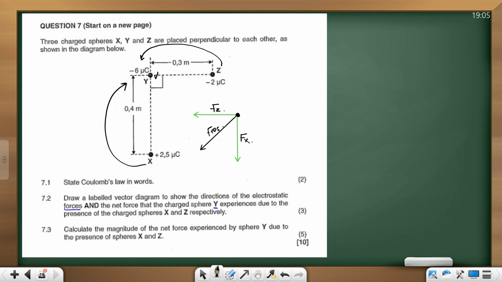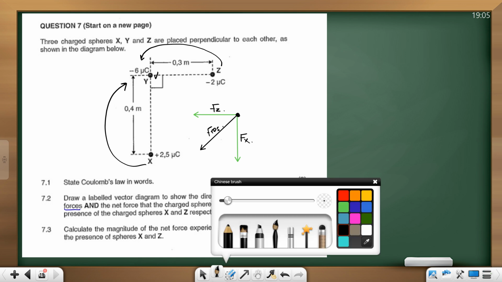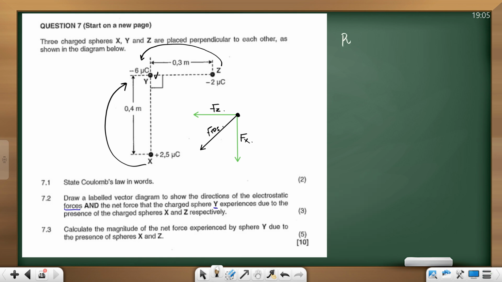So calculate the magnitude of the net force. Since it's 90 degrees, we then bring in our theorem of Pythagoras. Our F res is our hypotenuse. Fz squared plus Fx squared. Sweet maths now.